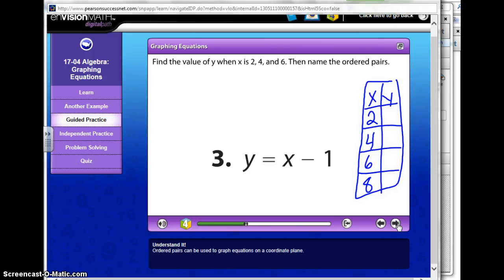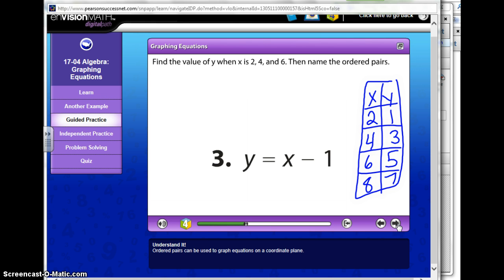Darius? It would become a 1. If I put a 4 in place of the x, Eileen, what would the y become? If I put a 6 in place of the x, Kaden? And if I put an 8 in place of the x, Natasha?